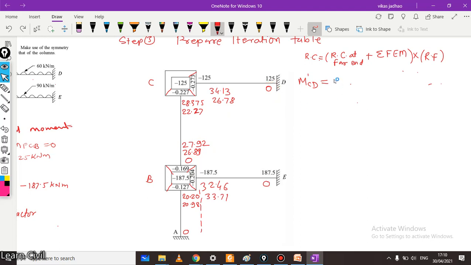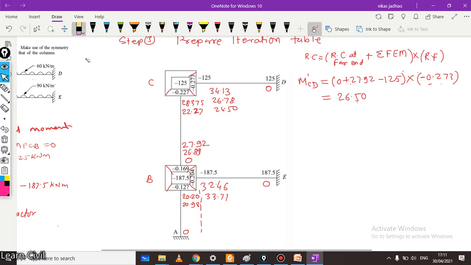So this will be 0 plus 27.92 plus summation of fixed end moment, minus 125, into rotation factor, minus 0.273. So this will be equal to 26.50. Write down here 26.50.